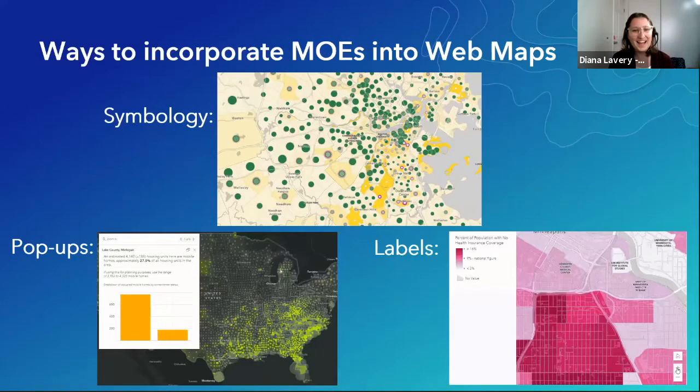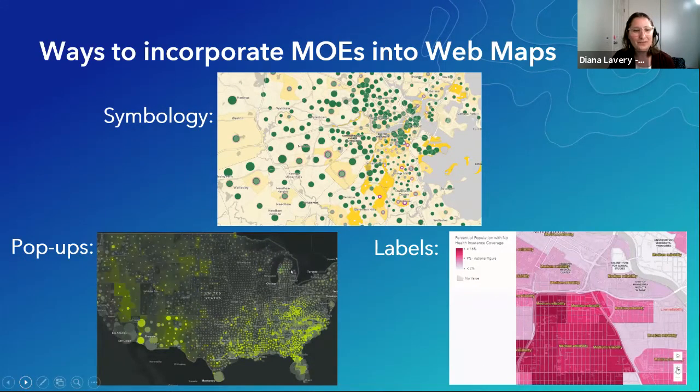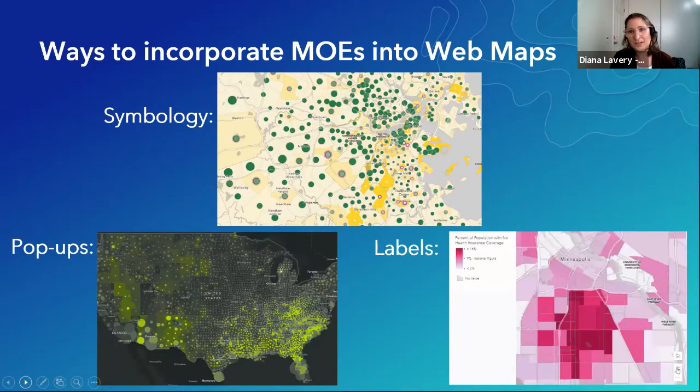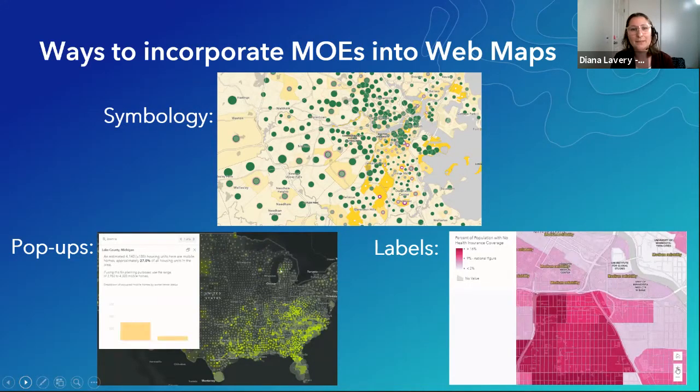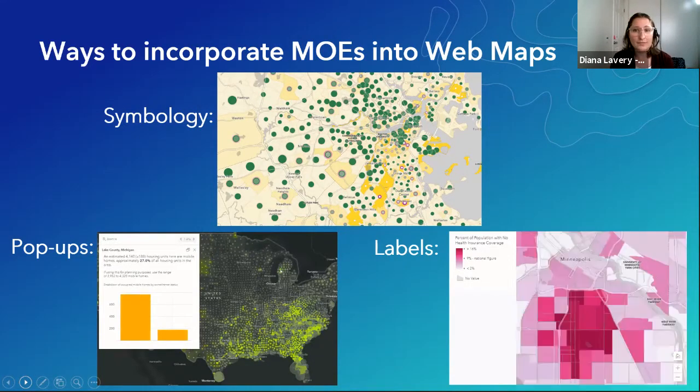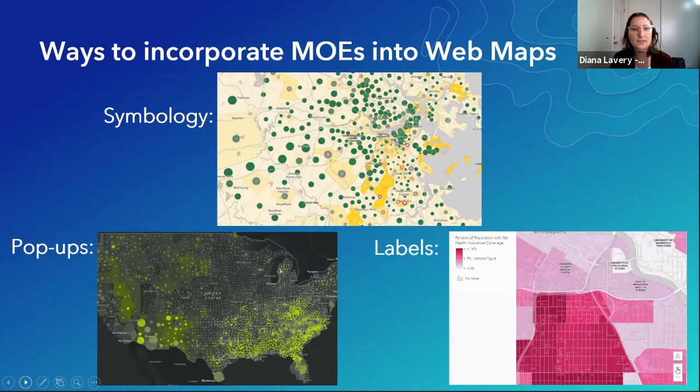Hi, everyone. I'm Diana from Esri, and so happy to be here today. I will be talking about ways to incorporate margins of error into your web maps. We'll get going. First, it's going to be about symbology first and foremost. This can happen in all kinds of maps, web maps and print maps.